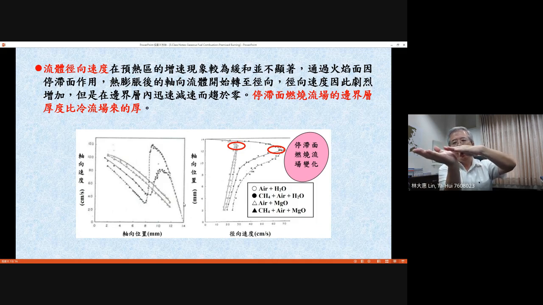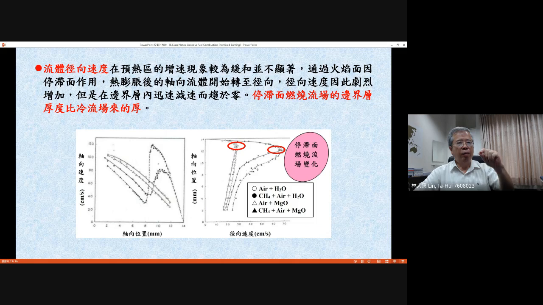Okay, for example, here they tell you at the flame position around here, the radial velocity at the upstream edge of the premixed flame may be 40 centimeters per second. When you pass through the premixed flame, on the downstream side, it may increase to 50 or maybe 45.